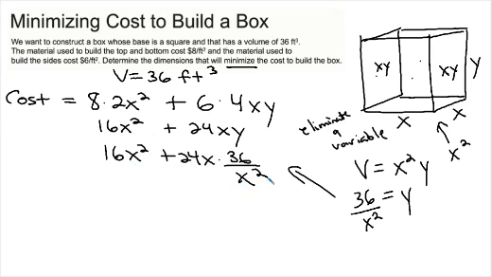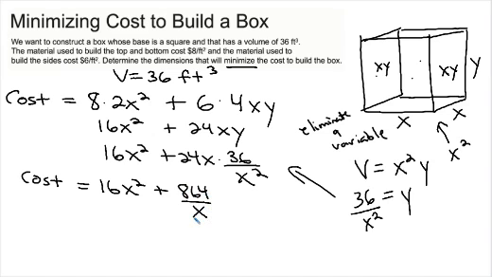Cleaning that up, my cost is going to be 16x squared plus 24 times 36. That's not one that I normally do in my head. 864 over x.